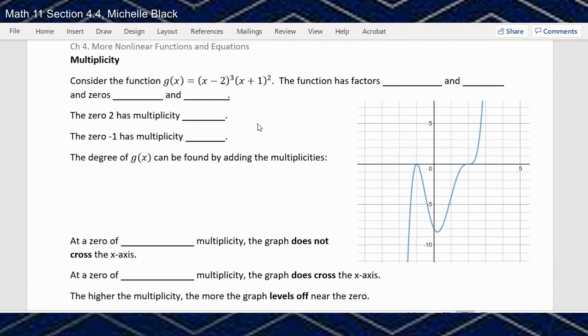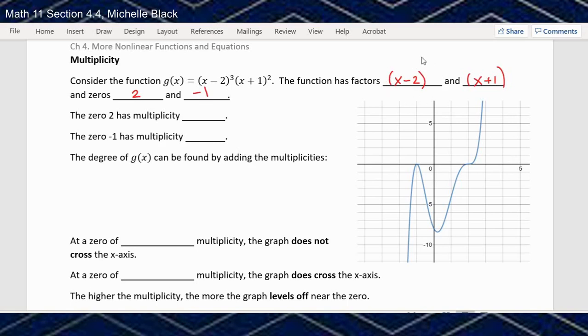Multiplicity. Consider the function g of x equals x minus 2 to the power 3 times x plus 1 to the power 2. This function has factors x minus 2 and x plus 1 with zeros. Well, my k would have been 2, and here my k would have been -1.